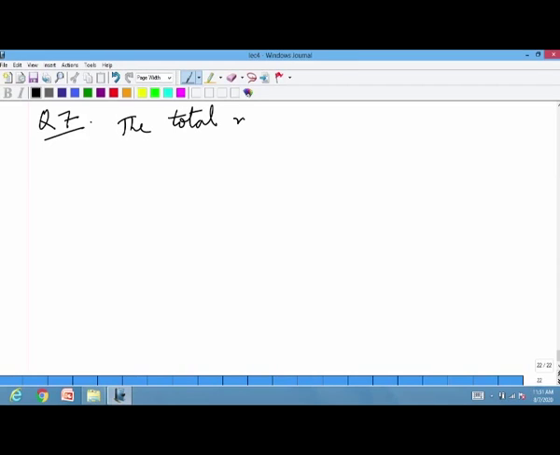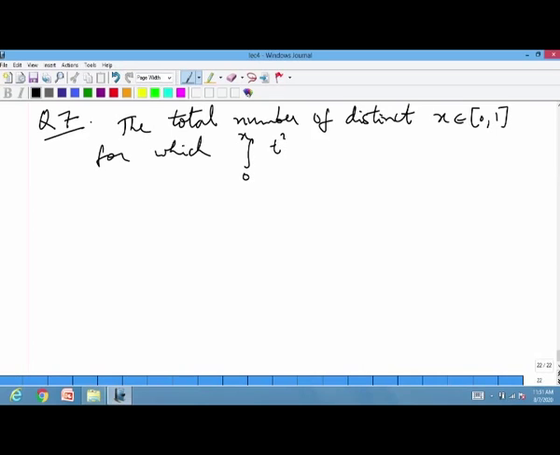The total number of distinct x in (0, 1) for which the integral of 0 to x of t square by 1 plus t to the 4 dt is equal to 2x minus 1 is what?